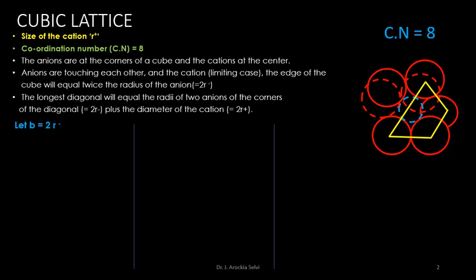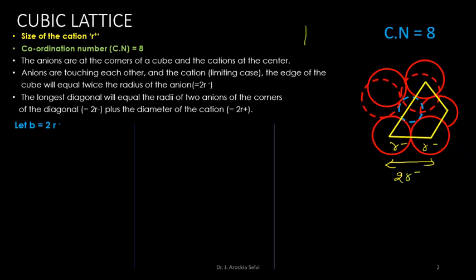So here is the anion. This is the edge, this is the radius of this anion, and this is the anion. So the edge of the cube is 2r minus.